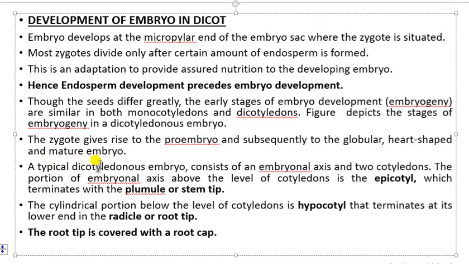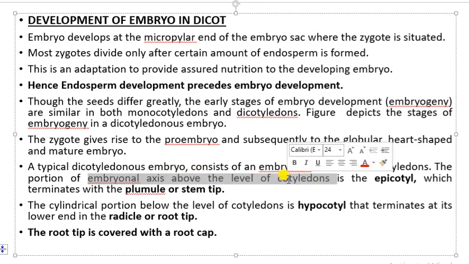Now, a typical dicot embryo consists of an embryonal axis and two cotyledons. The portion of the embryonal axis which is present above the level of the cotyledons is known as epicotyl, while the portion below the level of the cotyledons is known as hypocotyl.